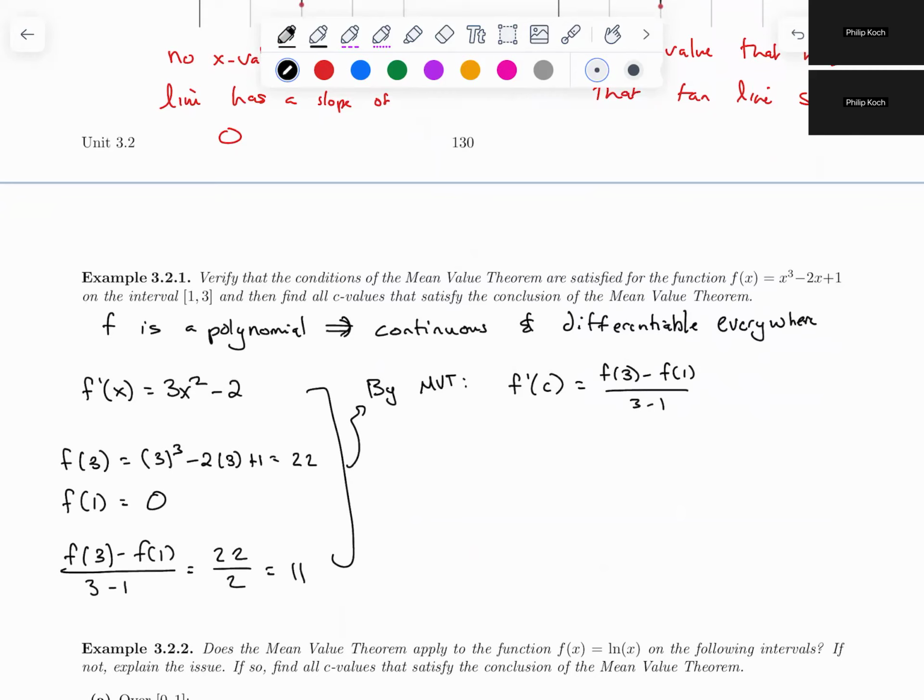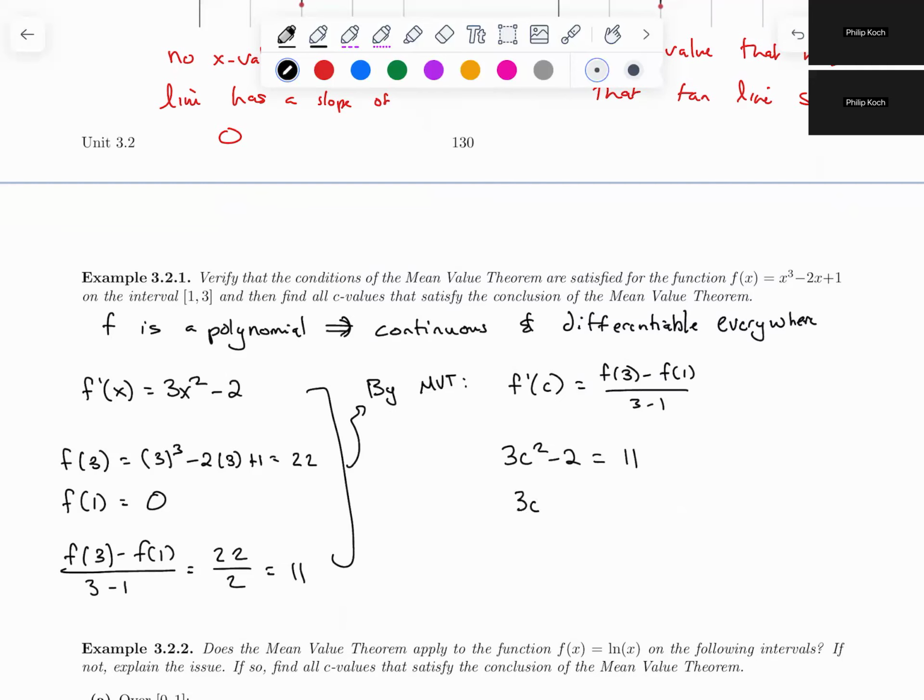That is to say, 3c squared minus 2, that's the derivative evaluated at c, is going to equal 11. And so we can solve for c. That's a polynomial equation. We can either use the square root property, or you can factor it if you really want to. But I'm going to do the square root property.